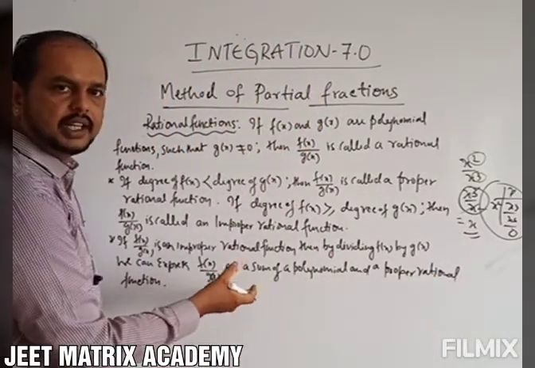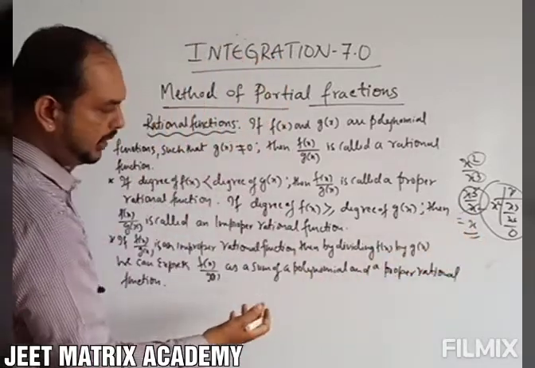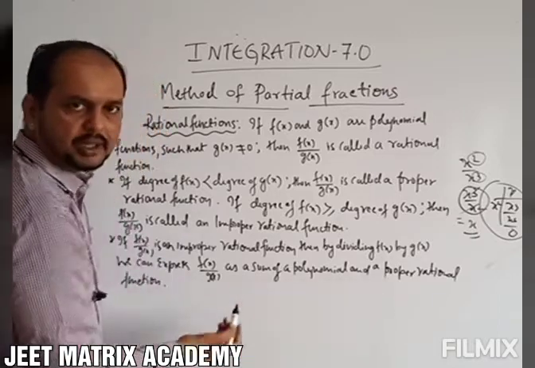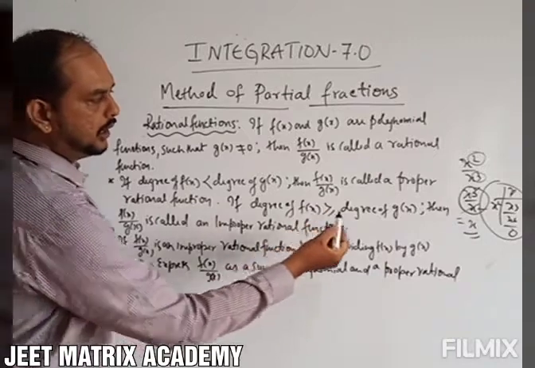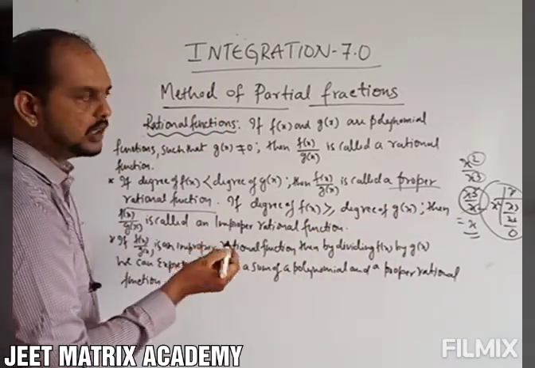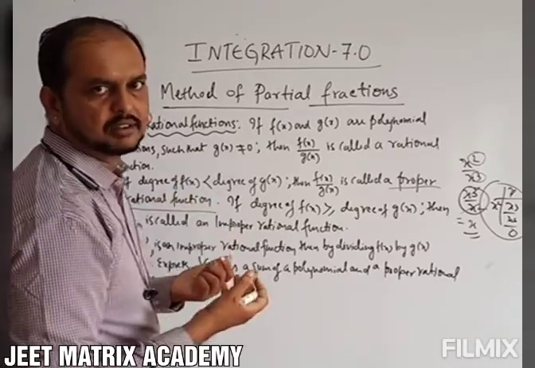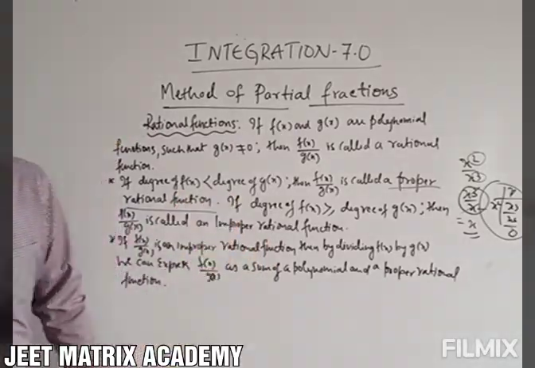We can divide this easily, or rewrite it as the sum of a polynomial and a proper rational function. But in the case of proper rational functions, we are supposed to convert them into partial fractions. So we will see exactly what is meant by partial fraction.